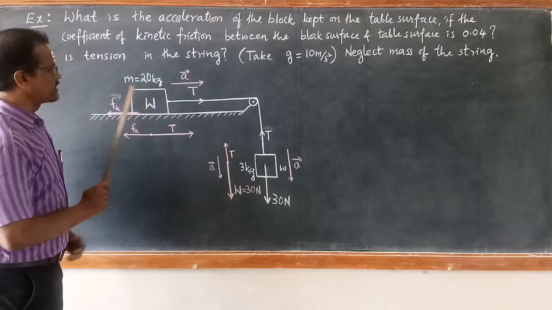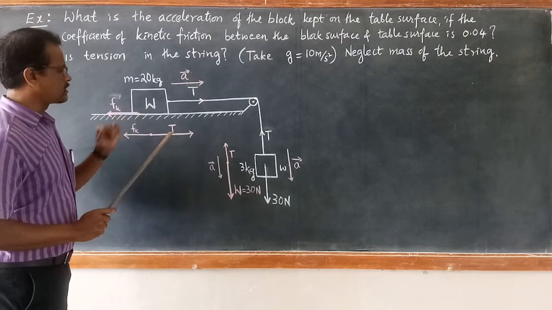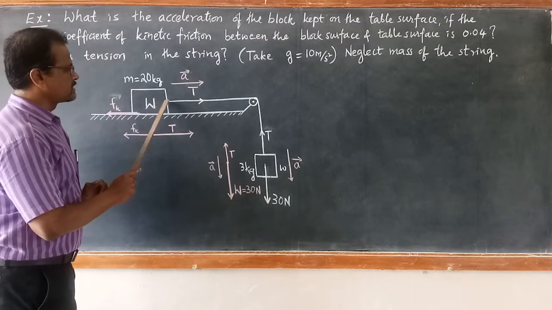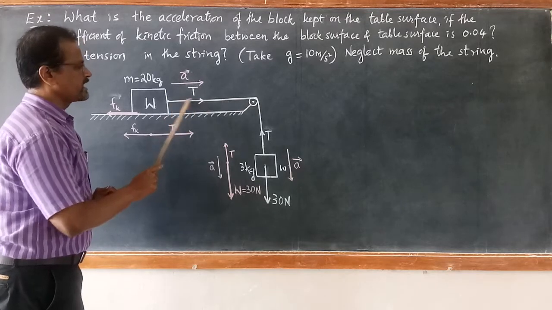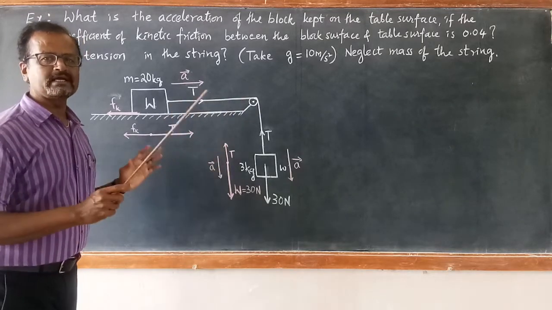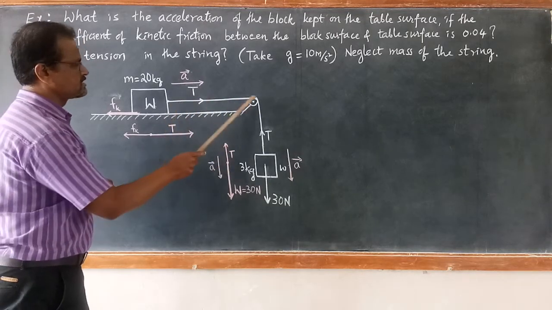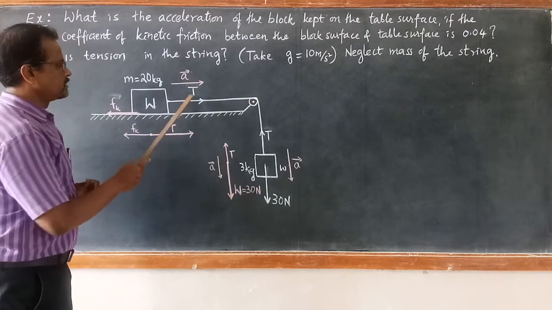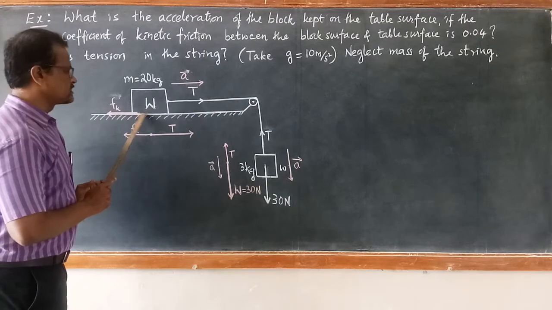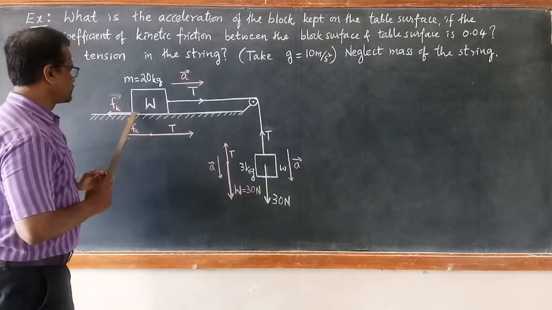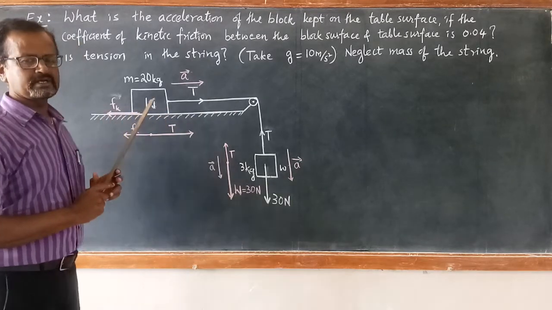So what are the forces acting on this block? Look at this. As a result of the pull, there will be a tension in the string. The force acting along the length of the string is called tension. This tension is towards the pulley, and this is the direction of tension. And here, as a result of motion, kinetic friction acts in the opposite direction.